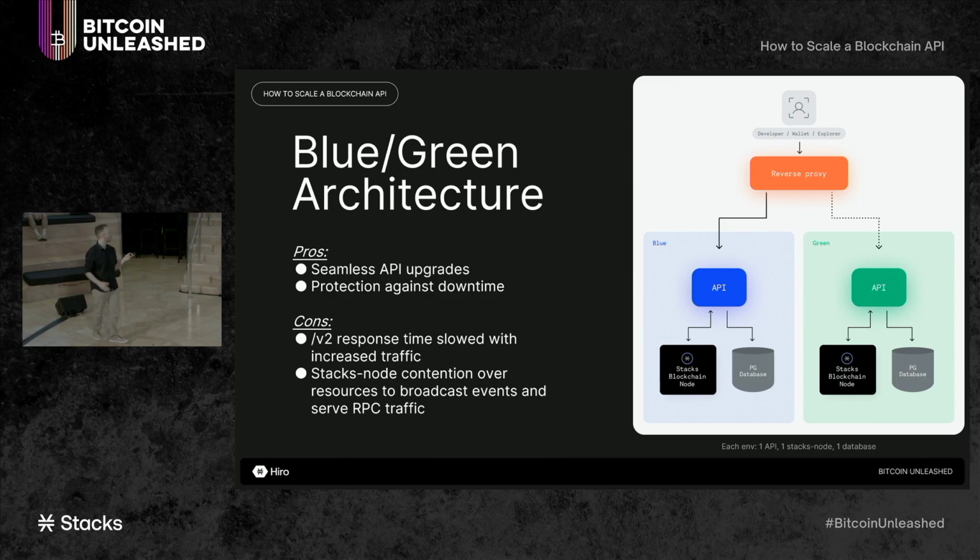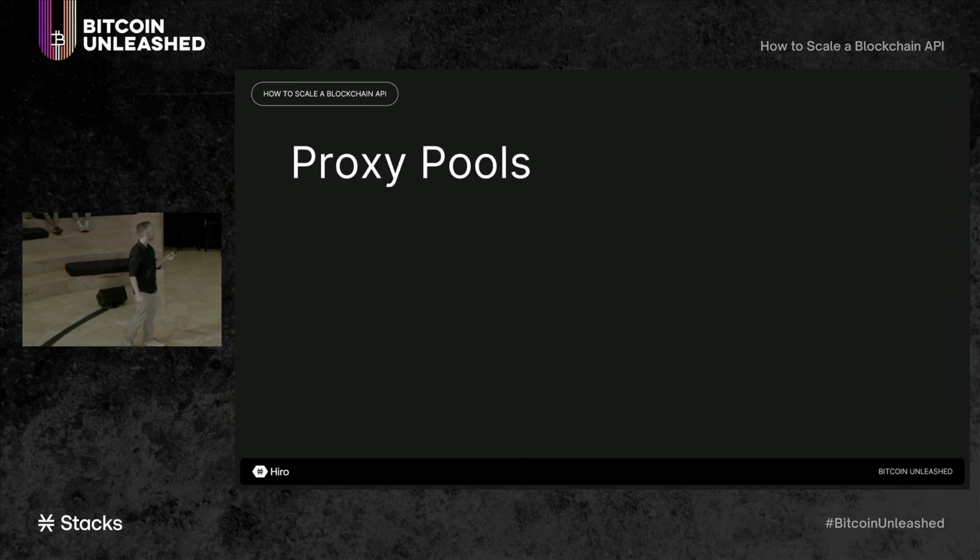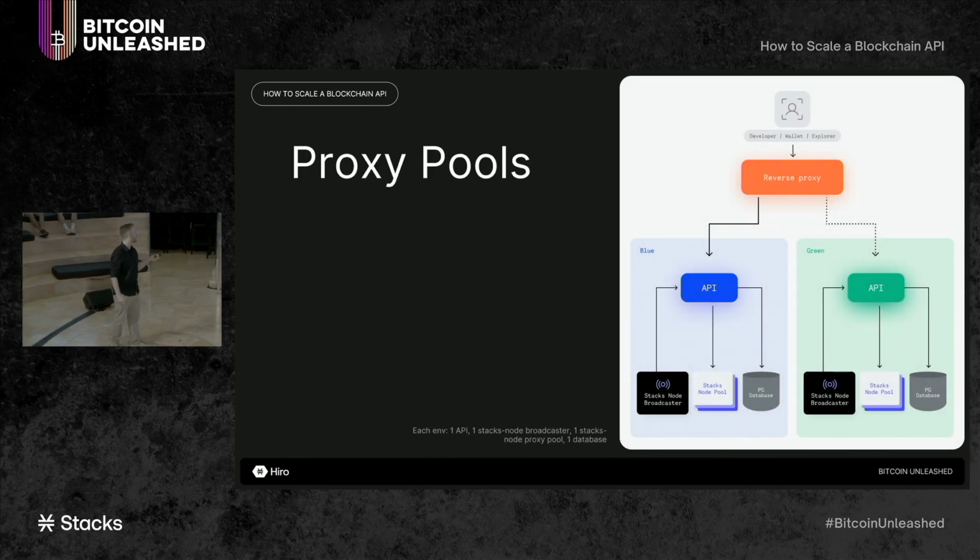So the Stacks blockchain node, for those that are unfamiliar, is not only servicing back-end requests, but it is also participating in the blockchain, and any events that it comes across, it has to forward them to the API. So in other words, it's doing two jobs here, and both could be pretty stressful. So basically, those two jobs mean that the Stacks blockchain node is going to be fighting over memory and CPU resources.